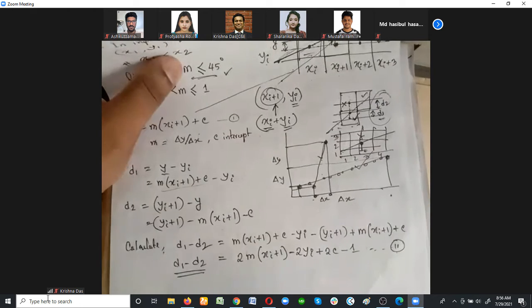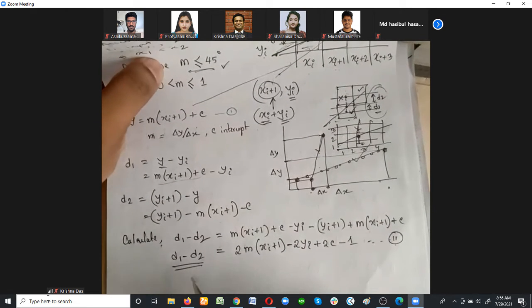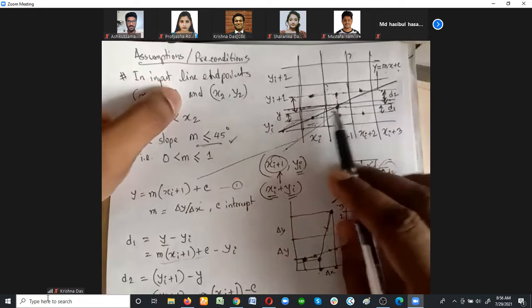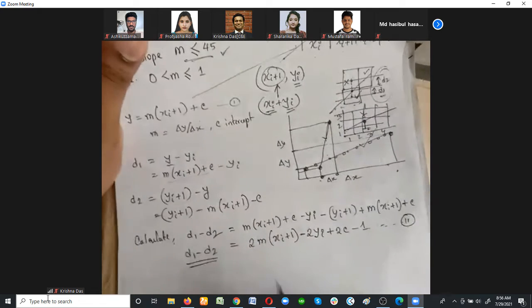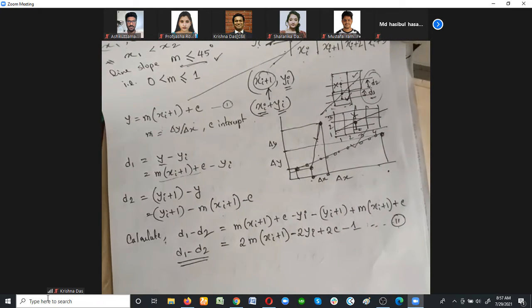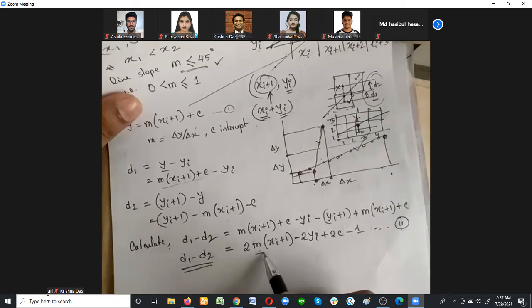Now the concern is that for the difference we are going to get in this situation, there is a chance of a fraction coming.